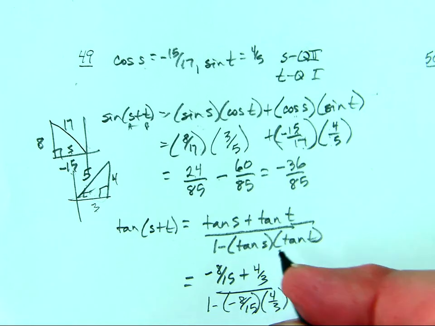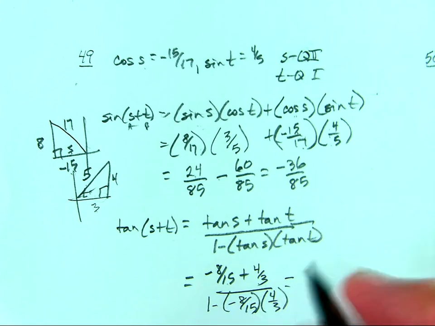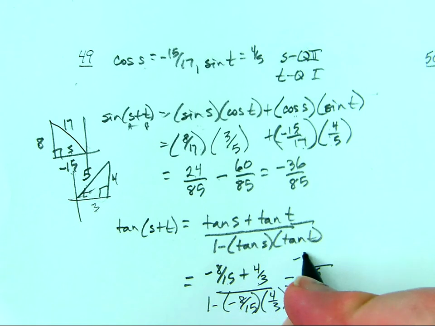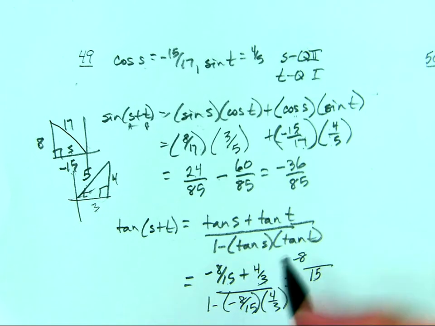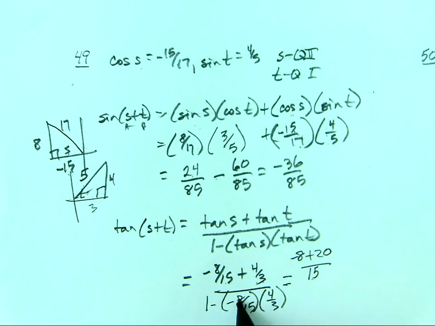Okay? Now on the top we need to get a common denominator. Well, the common denominator for 15 and 3 is 15. So that'll stay negative 8. Here 3 goes into 15 5 times. 5 times 4 is 20. So that's our top. Now down here we need to multiply these two together first. That'll be top times top will be 32. The bottom times bottom will be 45.